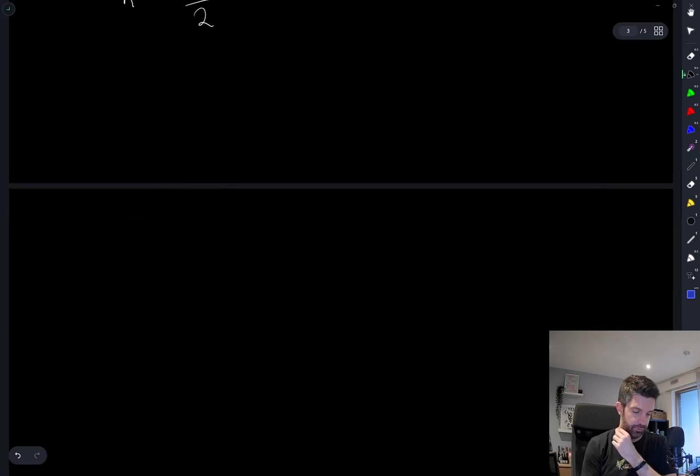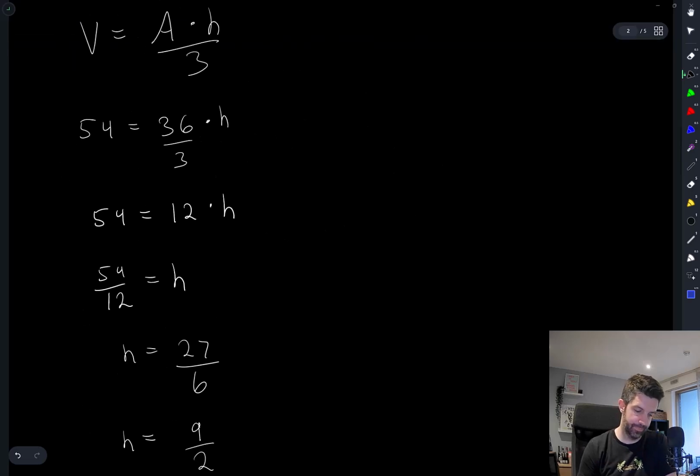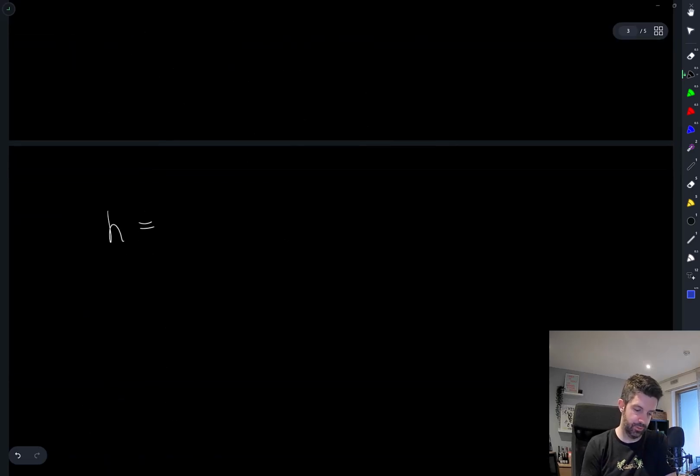Now, H is also equal to the difference in the z coordinates. H is r times 1 minus sine phi.